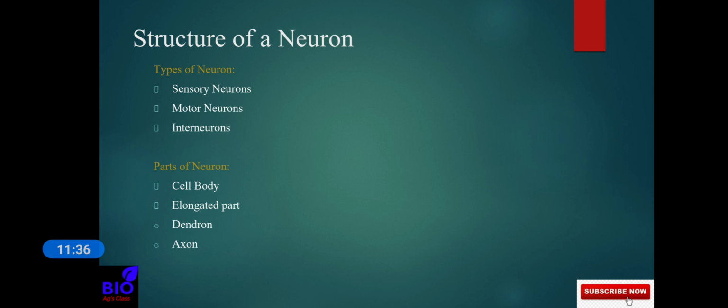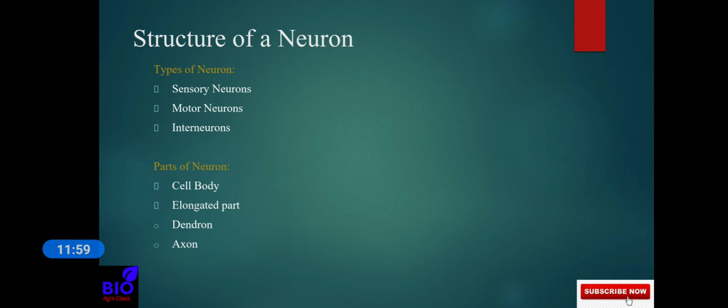The cell body is also known as the soma. You may call it soma as well. The cell body carries genetic information, maintains the neuron structure, and provides energy to drive activities.